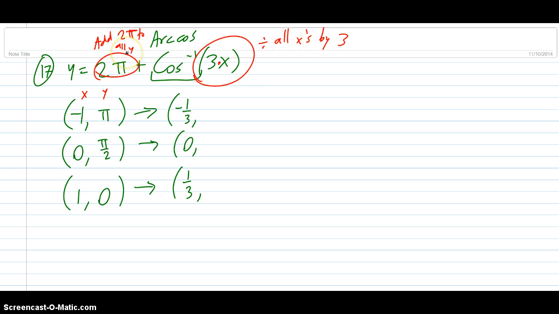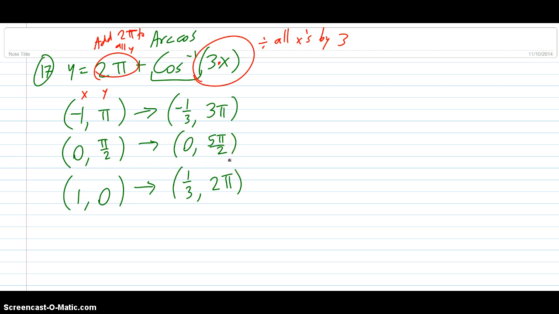All the y's, we're just going to add 2 pi. So pi becomes 3 pi. Pi over 2 becomes 5 pi over 2. And if you don't believe me, you can check. 2 pi is 4 pi over 2, plus pi over 2 would be 5 pi over 2. And 0 plus 2 pi is 2 pi. Again, you can notice a pattern: 3 pi, 2.5 pi, 2 pi.